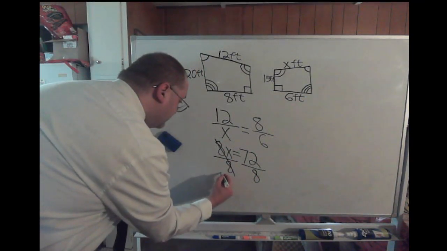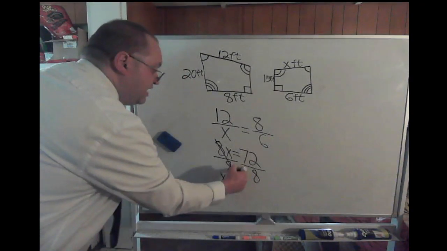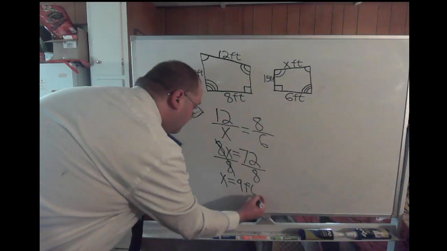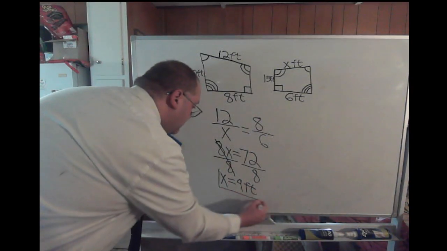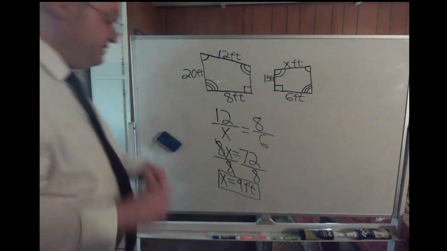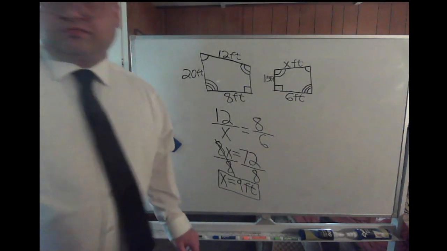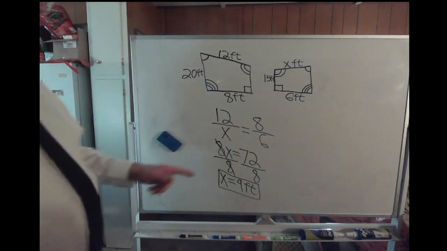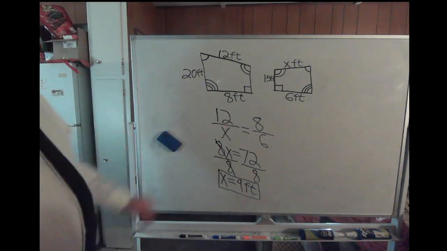So you'll get x is equal to 72 divided by 8. Well, that's 9. And the unit's feet, so the answer is that x is equal to 9 feet. That's exactly what you get. X is equal to 9 feet.